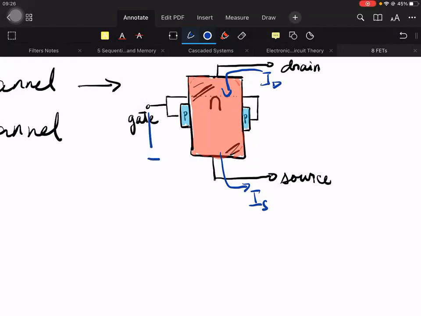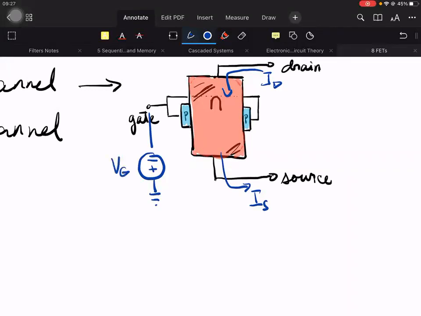if voltage, this time voltage, is applied to our gate. So if we apply voltage right here, that voltage we call VG, VG or VGS, and not necessarily VGS. If we apply a voltage VG, current will flow from the drain to the source.